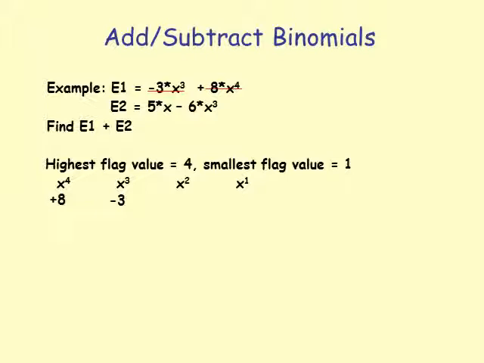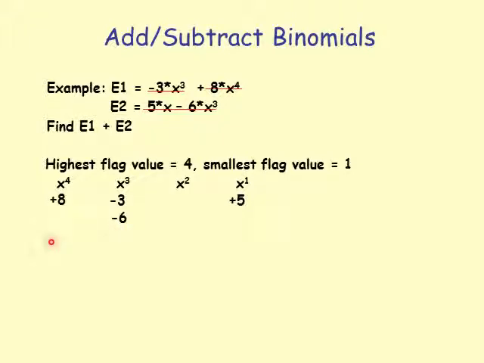Let's continue. Next is 5 times x. This is the coefficient, and the flag value is 1. So coefficient 5 would go under the x1 column. So we get a plus 5 here. Next is minus 6x cubed. The flag value is 3, so it's going to come in this column here. So we get a minus 6 here.